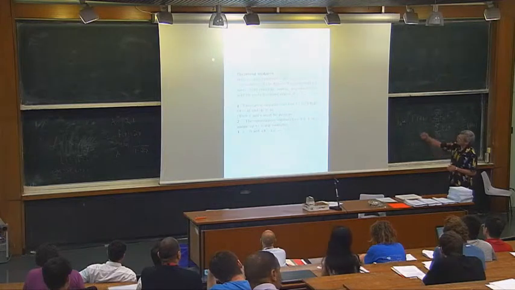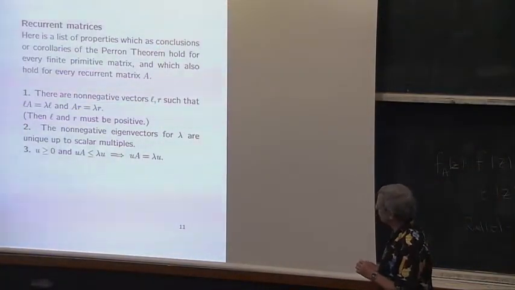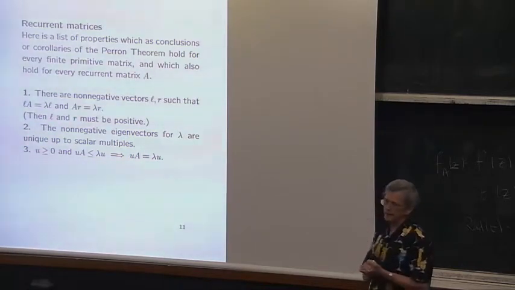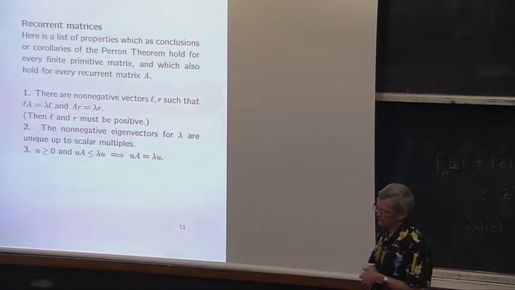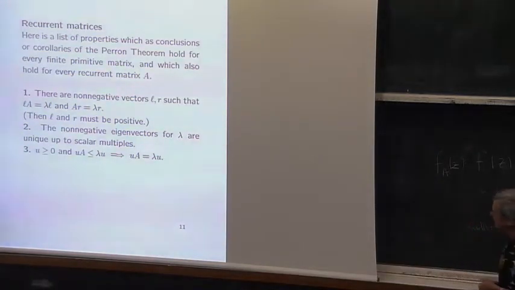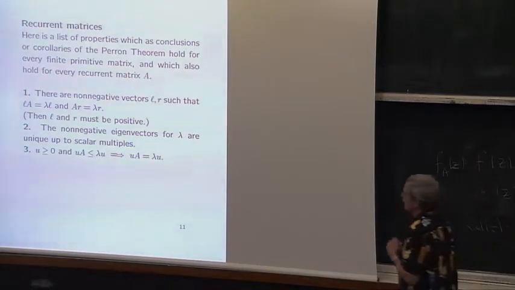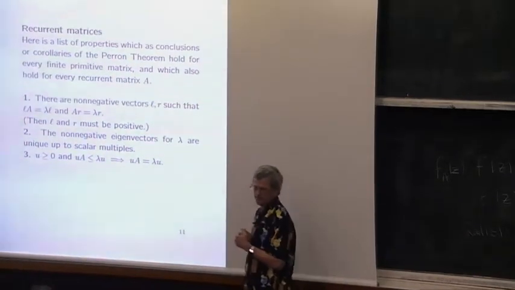All right, so let's start looking at these classes. So here is a list of some properties which, as conclusions or corollaries of the Perron theorem, hold for every finite primitive matrix and also hold for every recurrent matrix. So this is something good about Perron-Frobenius which survives to the class of recurrent matrices. Well, the big deal, we have the non-negative eigenvectors.